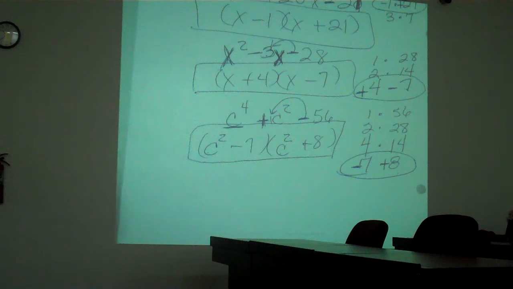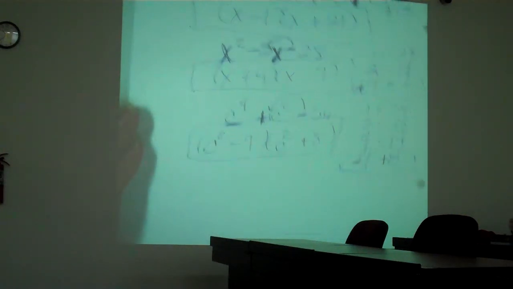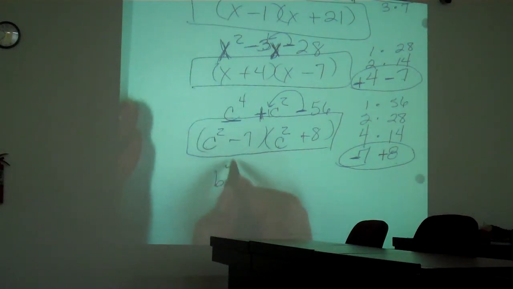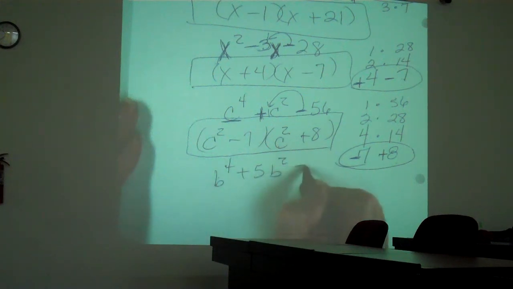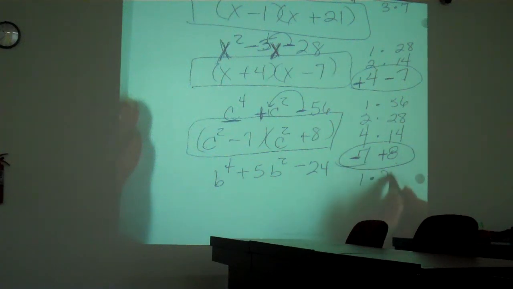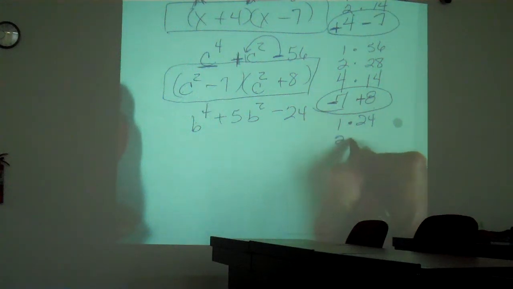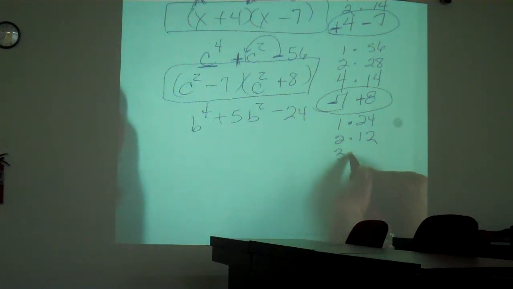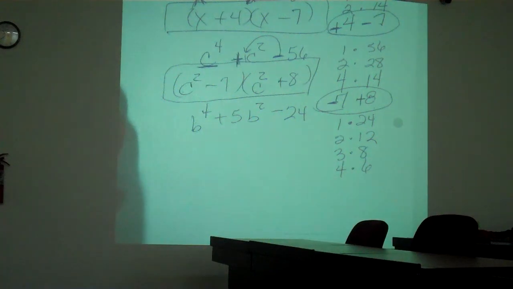Okay, let's do another one like that. B to the 4th power plus 5b squared minus 24. So you got 1 times 24, 2 times 12, 3 times 8, and 4 times 6.